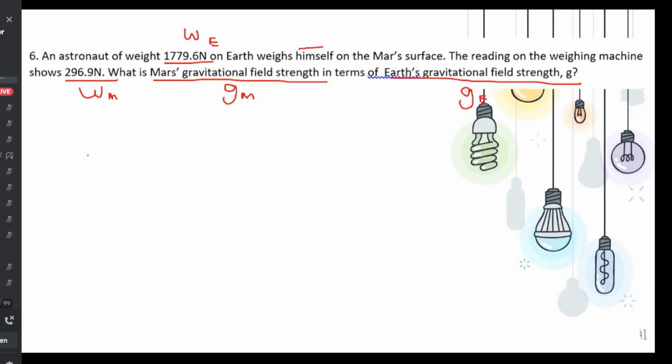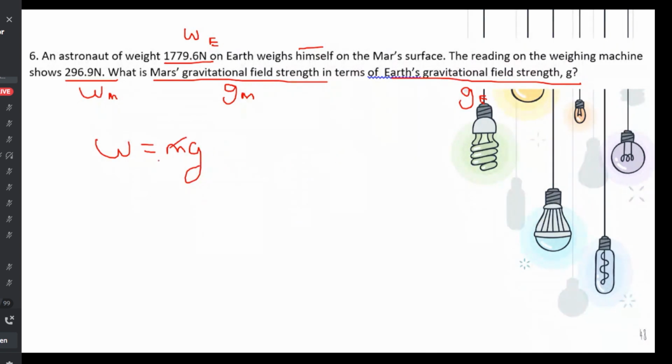Basically, I want to explain this question. Still remember, weight W equals mg. And as you guys know, mass is always constant anywhere. Whether you are on the Earth or on the Mars, it's the same. 10 kg means 10 kg.